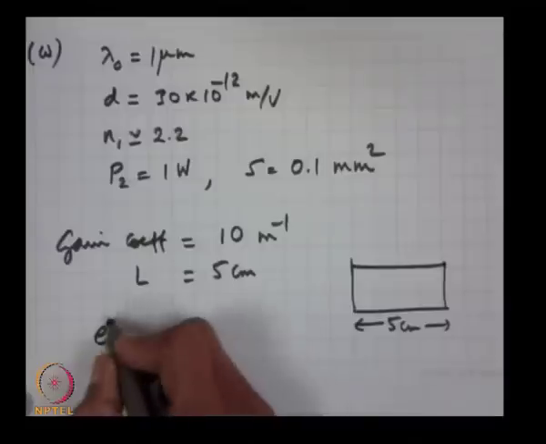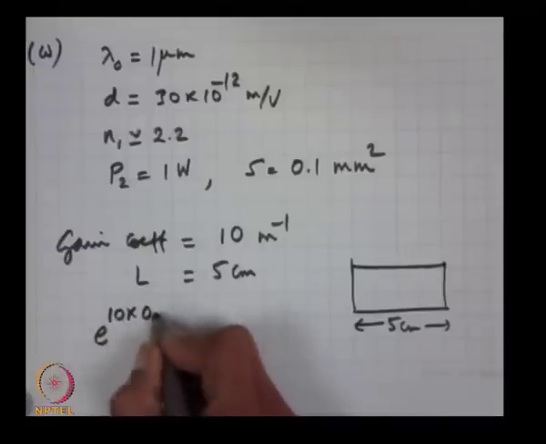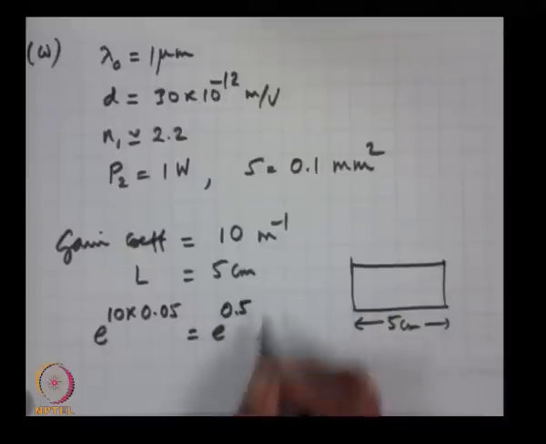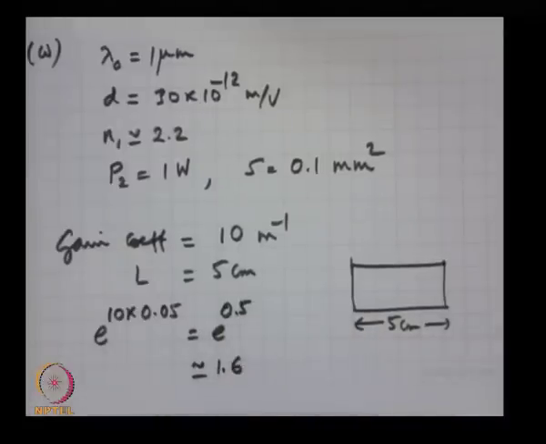E to the power 10 times 0.05, which is e to the power 0.5, which is about 1.6. E is about 2.7, so 1.62 or something like that. So it's only a 60% increase of power in a length of 5 centimeters.